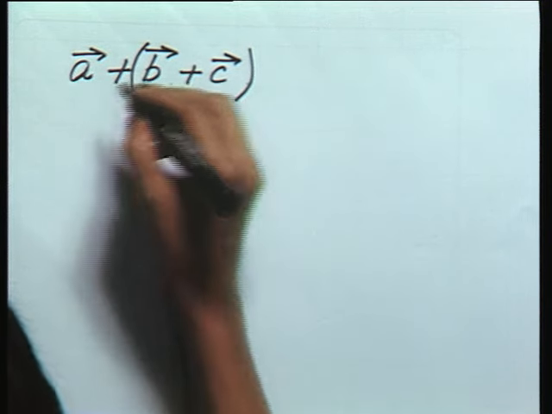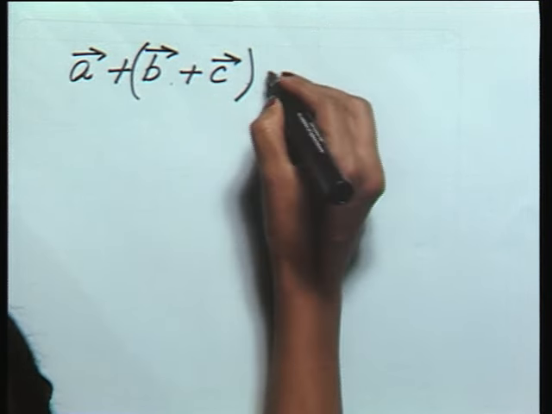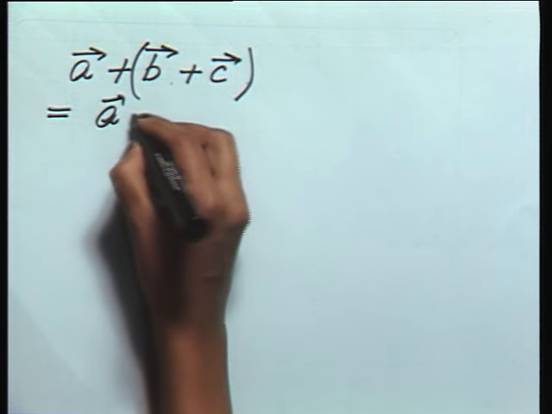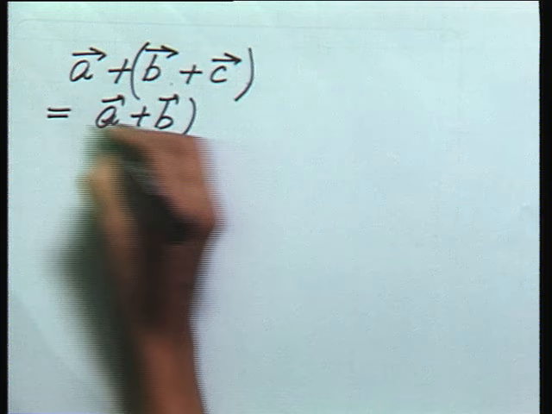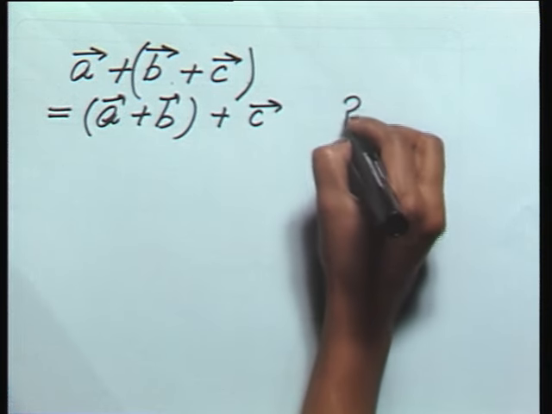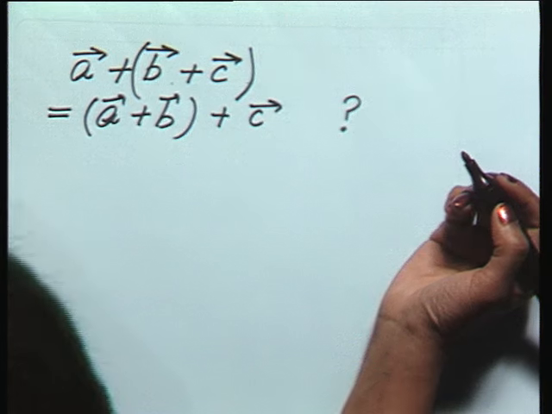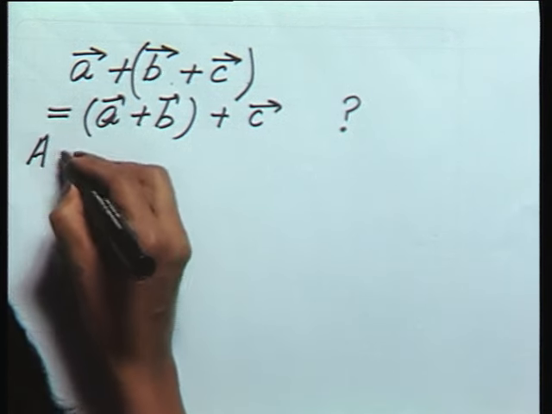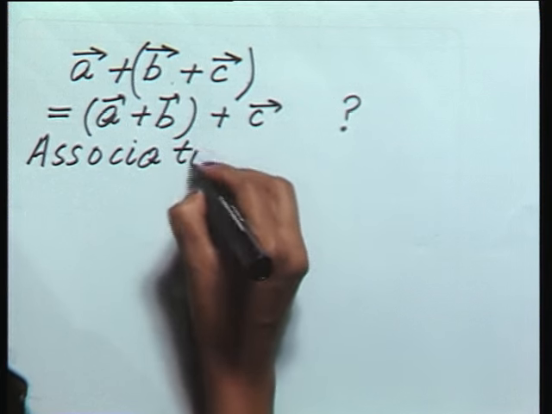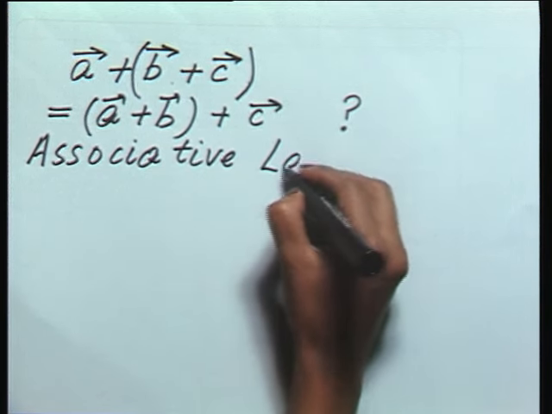So, you have A plus bracket B plus C. We would like to know that if we first added A and B and then added C to it, would the answer change? In other words, is the associative law true for vector addition? Let us examine this proposition.